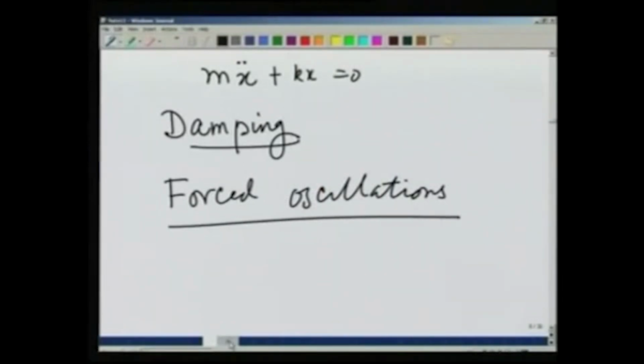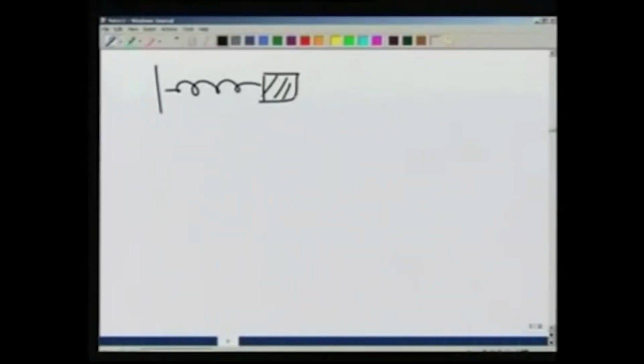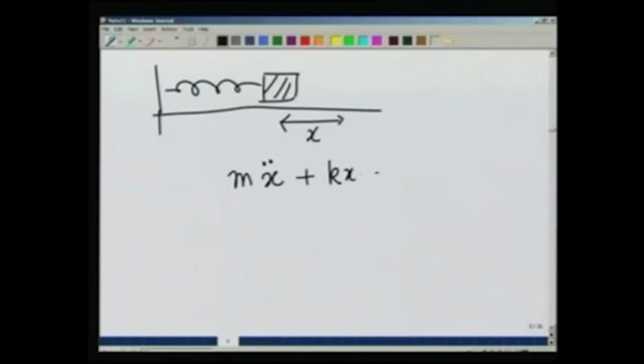So to start with, let us take our prototype spring mass system and let us measure the displacement from the equilibrium point as x, and the equation of motion, as we have been saying, is mx double dot plus kx is equal to 0.